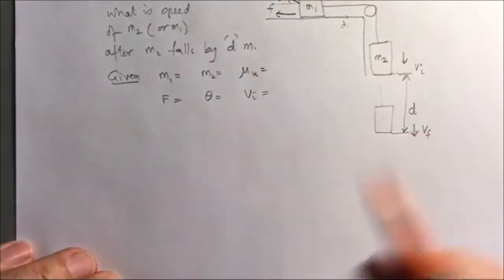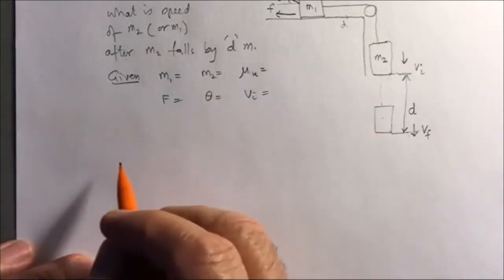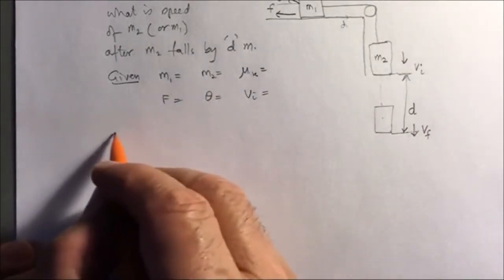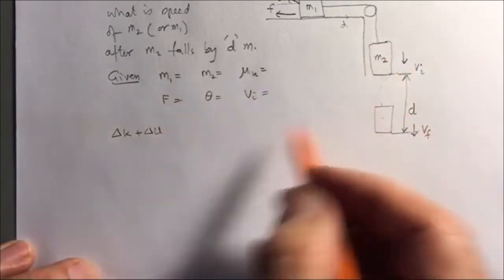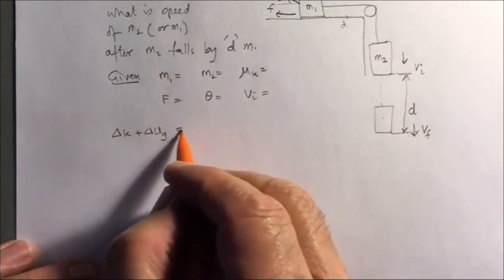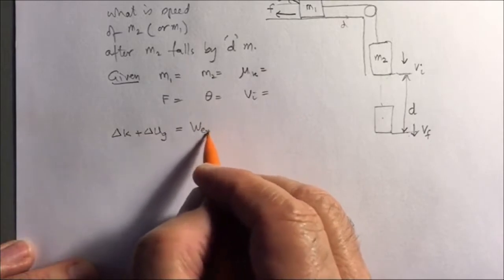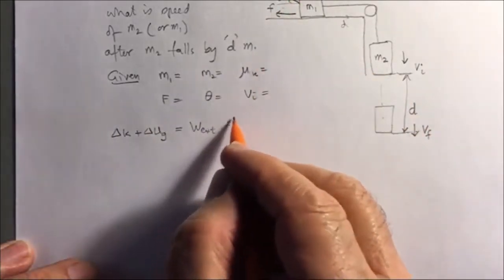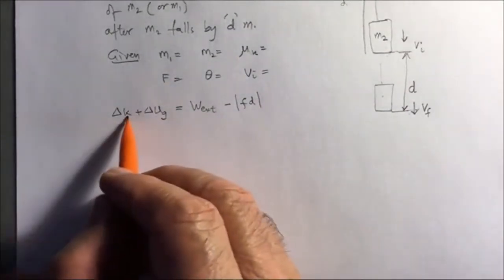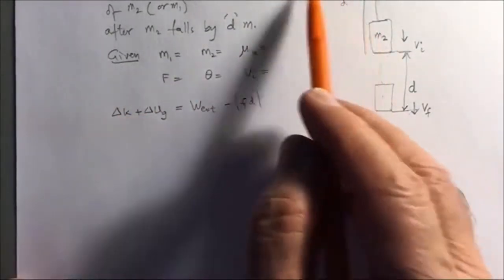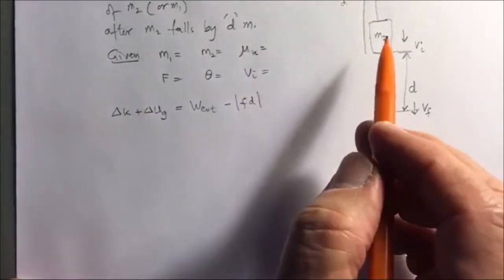We can solve this by equations of motion, Newton's methods. We can also solve it by the energy method, delta K, delta U. There's no spring here, so it's only UG. There is external work, this one, and there is friction. Now the delta K, we have two masses, so there will be two kinetic energies.